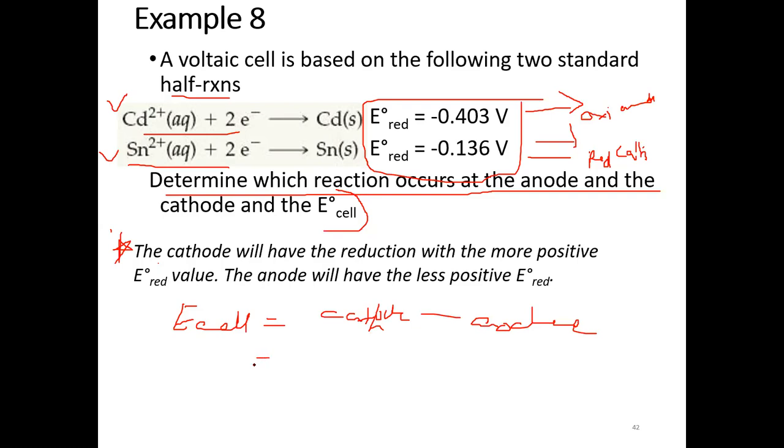So then my cathode, I've decided for that, is minus 0.136 minus minus 0.403. Just do the simple math and you will get your E cell here. If you have a question, you can get back to me, but that should not be difficult. I just showed you how to set it up, right? You can get your numbers from there.